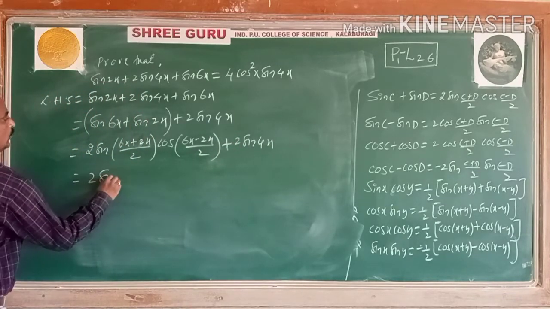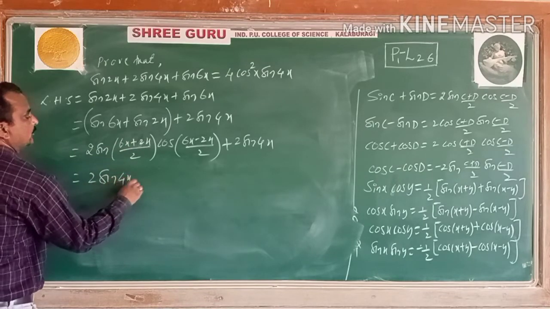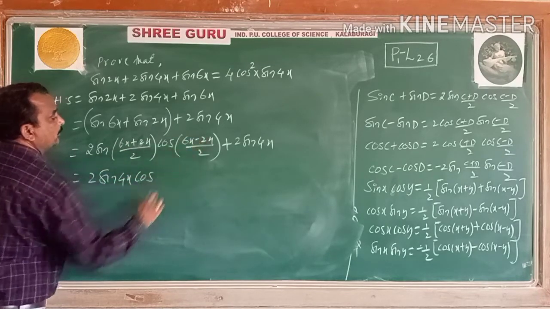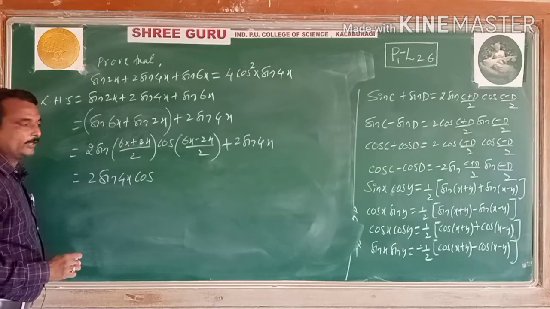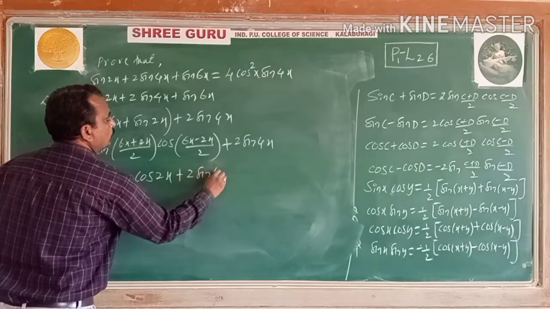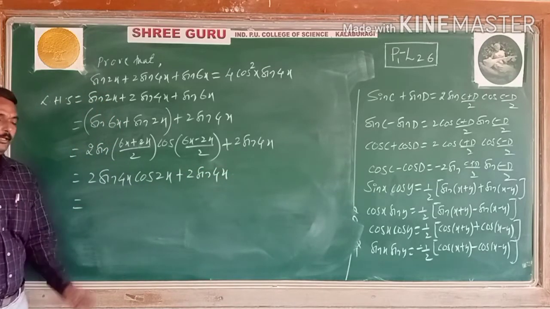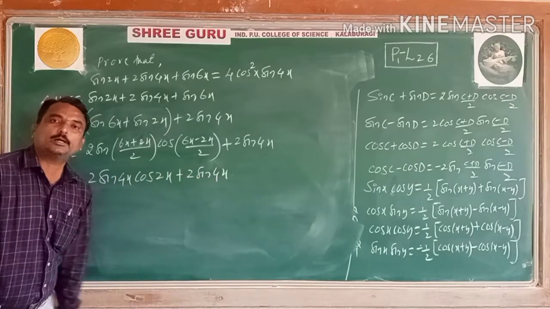This is equal to 2 times of sin of (6x plus 2x) by 2, 8x by 2, 4x it is, into cos of (6x minus 2x) by 2, 4x by 2, 2x it is, plus 2 sin 4x. Is there any term common here? 2 sin 4x, 2 sin 4x common here.